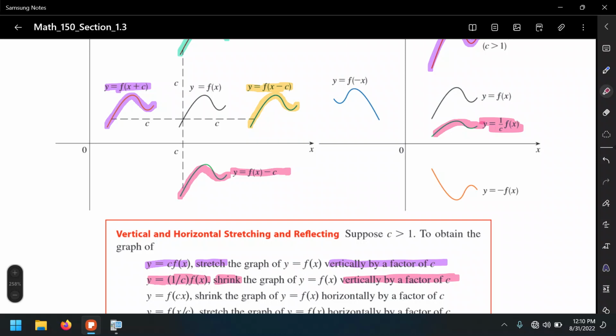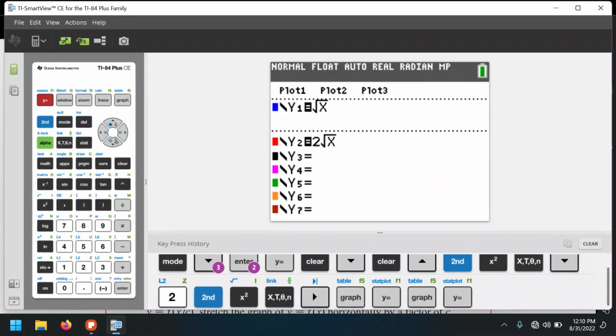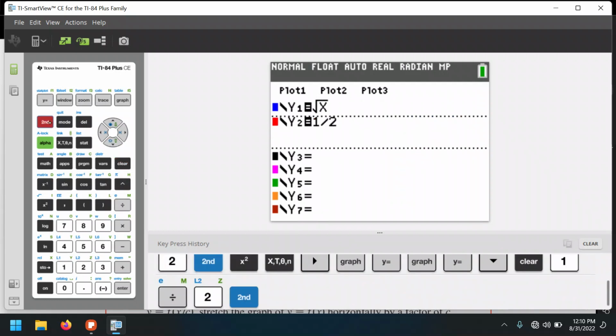How about we see that on the graphing calculator? Let me do 1/2 instead, 1/2 square root of x.